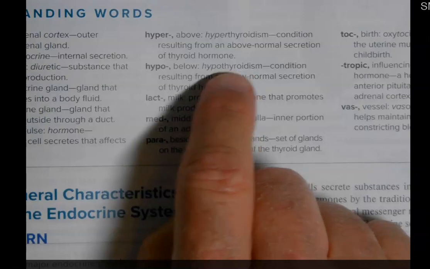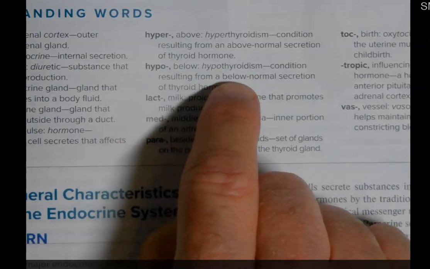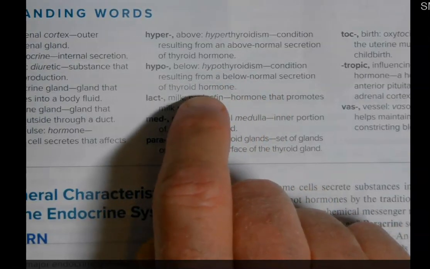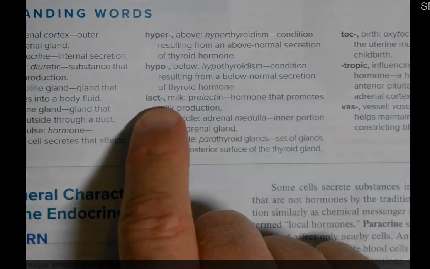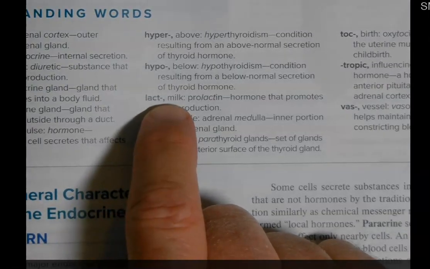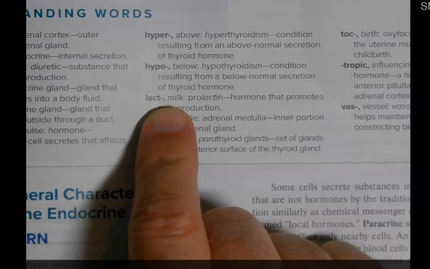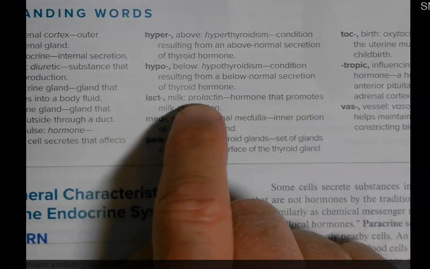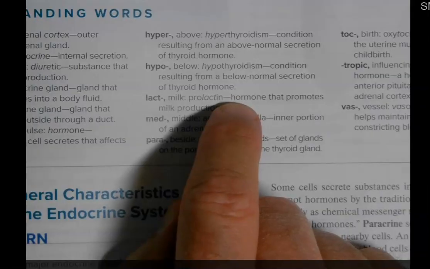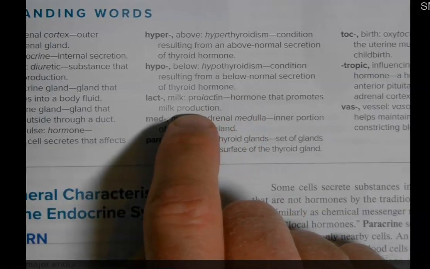So hypothyroidism is a below normal secretion of thyroid hormones. Lact refers to milk. Of course, lactose is milk sugar. Prolactin is a hormone that promotes production of milk.